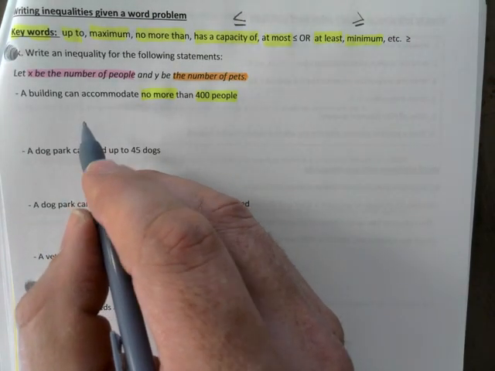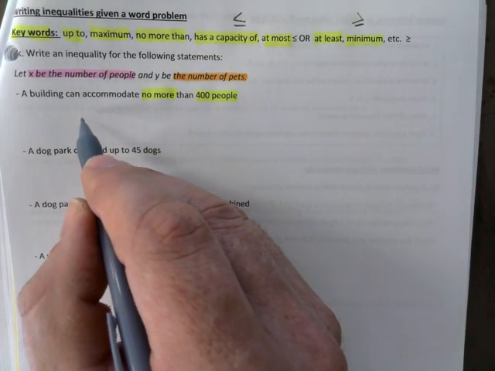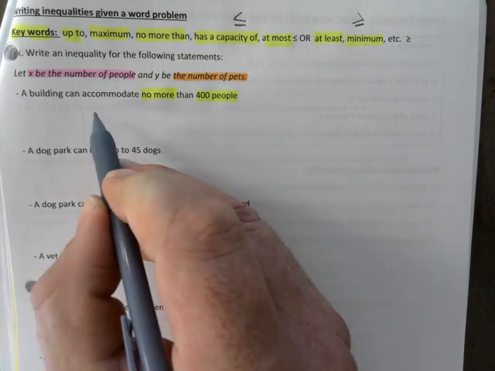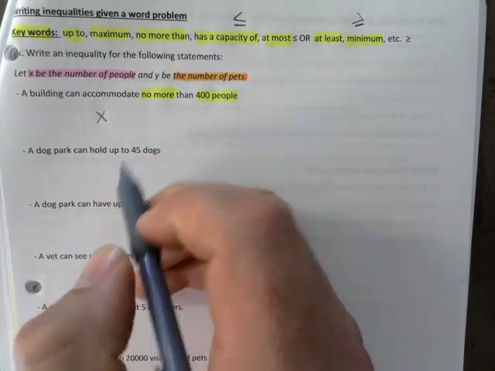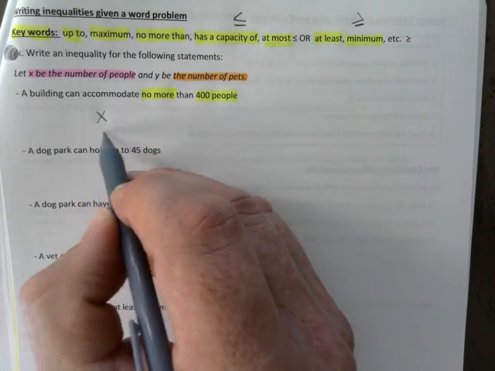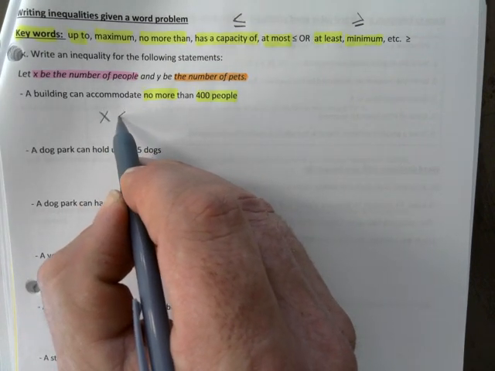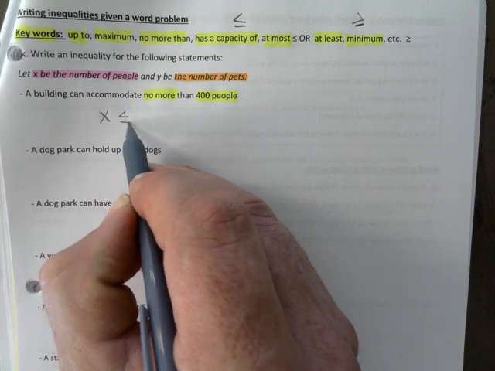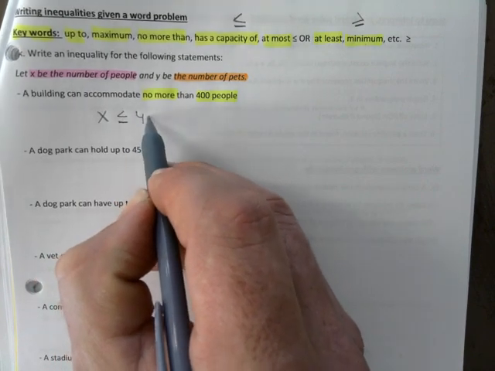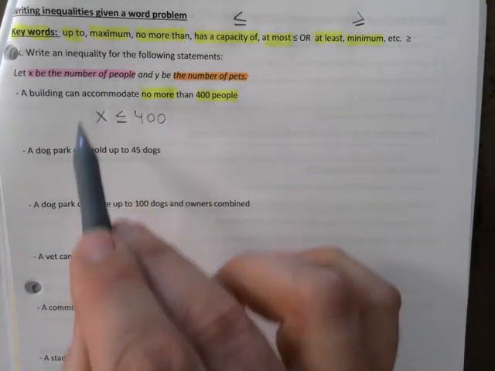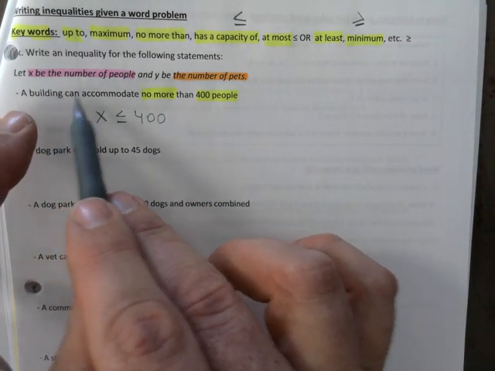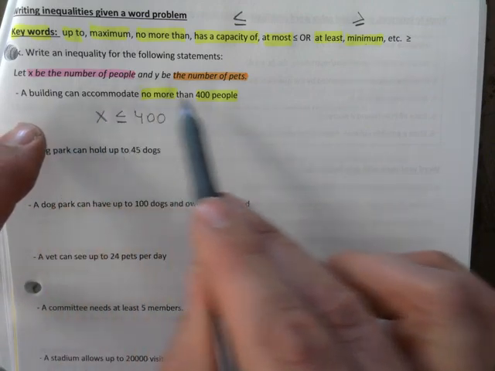This is what it would look like. We're talking people, right? So we would use the variable x, and the number of people has to be less than, right, or can be no more than 400. Okay, so this is the inequality that would fulfill this restriction.